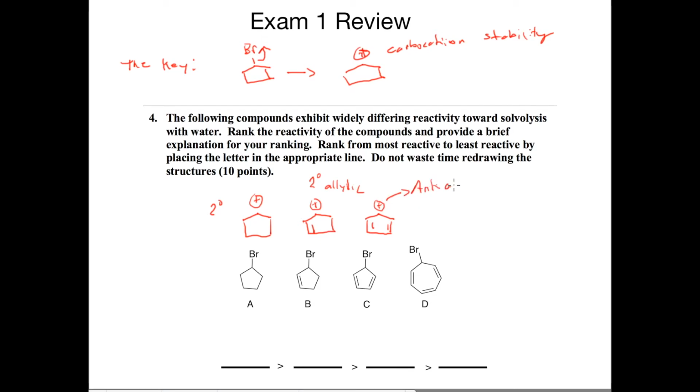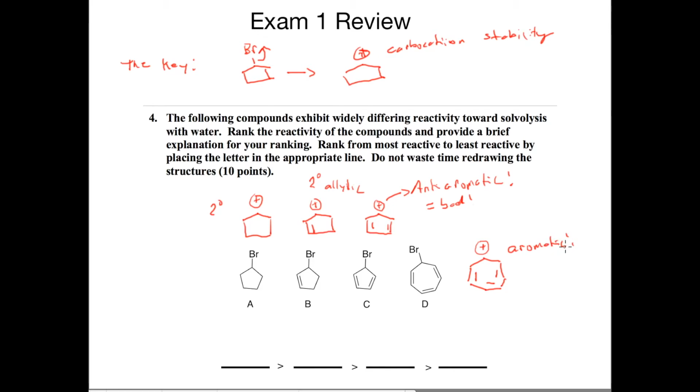That's going to be highly unstable and unlikely to form. The last one, however, if I draw the positive charge in there with all of the other electrons, fits all the requirements for aromaticity, and I have the right number of electrons, so it is aromatic. That makes it highly likely to form because it's very stable.